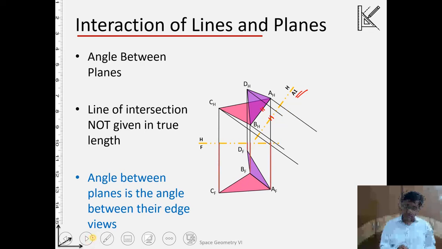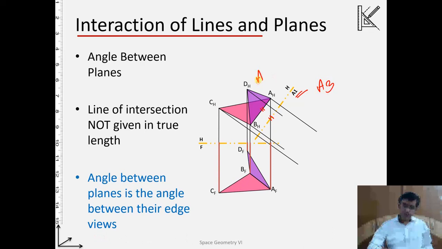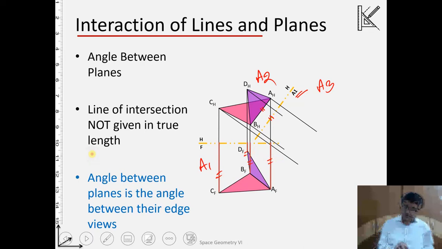Again, when we are doing these projections, this is A3 as per our definition, A2 and A1. We are taking the distances from A1 and putting them on A3. So in this case, this is how the projection will appear.